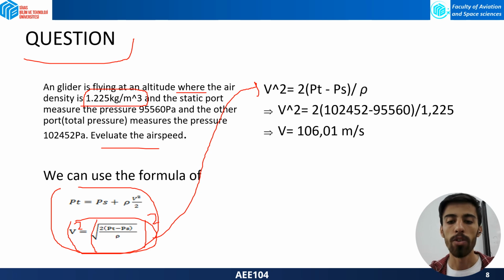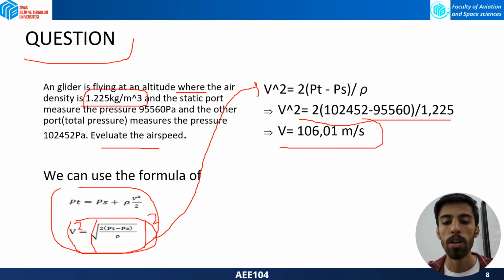If you write the numbers in this formula, you get V equal to 106.01 meter over second.